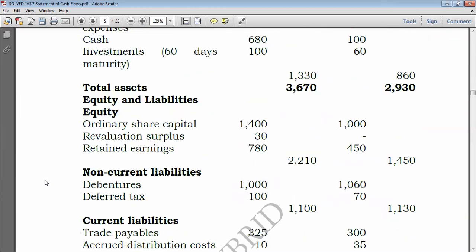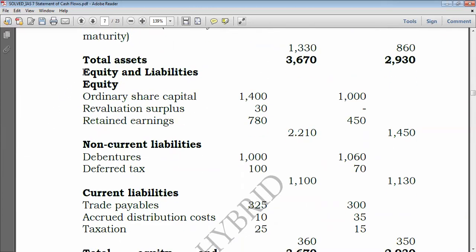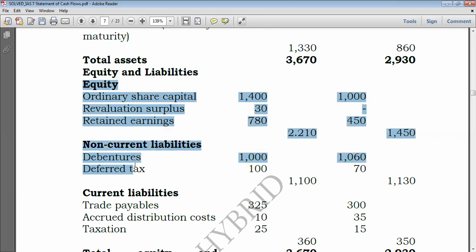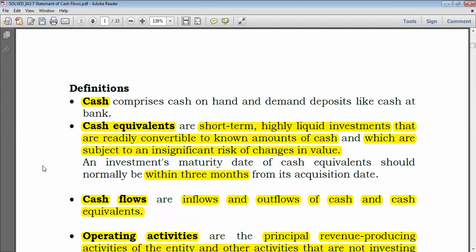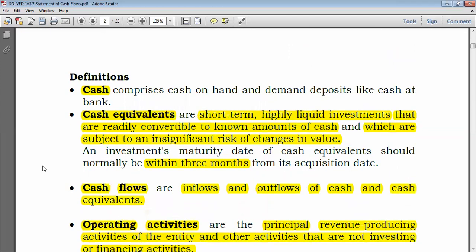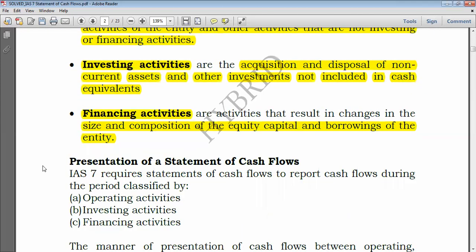And as for financing activities, you would go to equity and the liabilities. So you'd have ordinary share capital, revaluation surplus, retained earnings, debentures. This one is tax, so it would go to tax, obviously. So this is what would constitute financing activities. So let's go back to our explanations and finish up with this introduction.